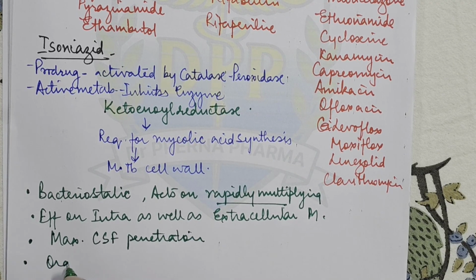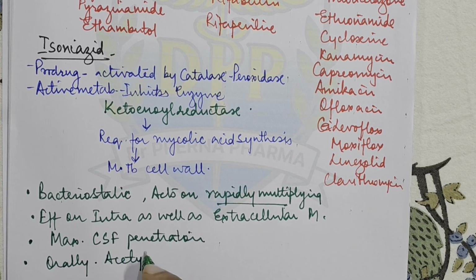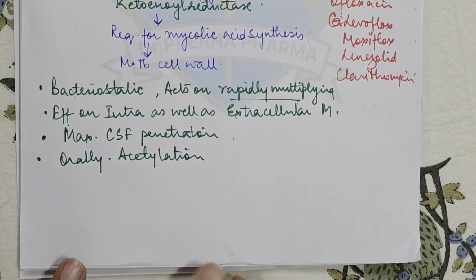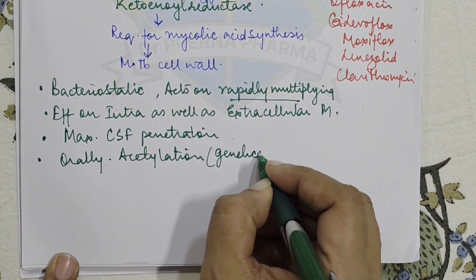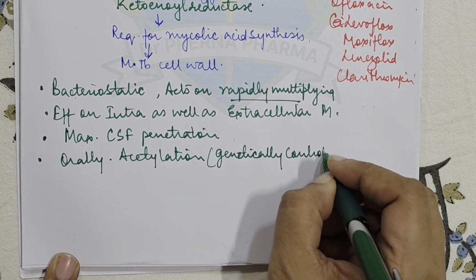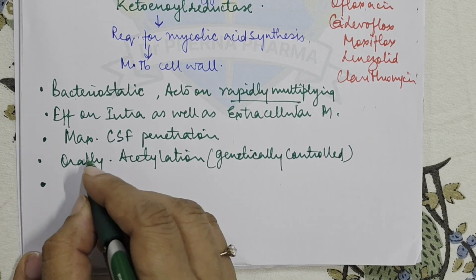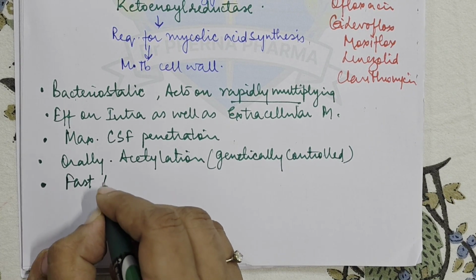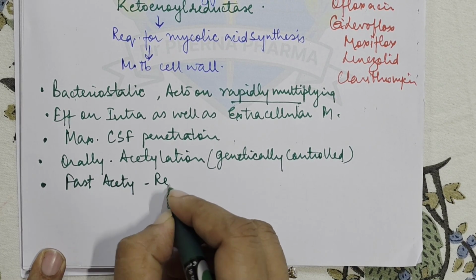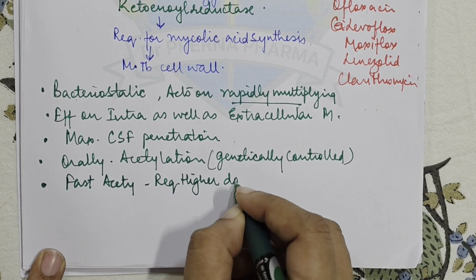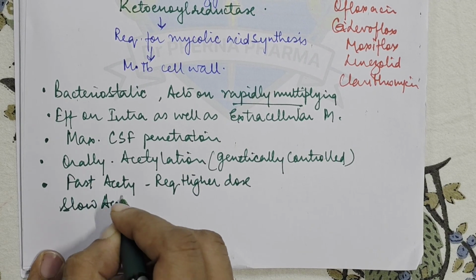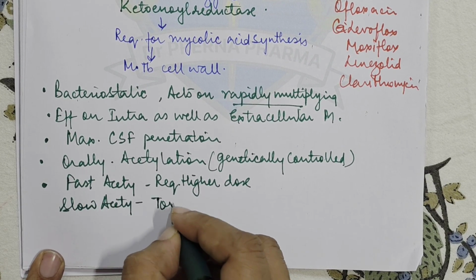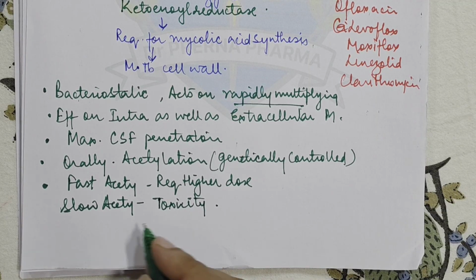Then it is taken orally and it undergoes acetylation. That is the metabolism, and this acetylation is, as you all know, genetically controlled, right? Then we have fast acetylators which require higher dose, and slow acetylators which basically undergo toxicity, right?